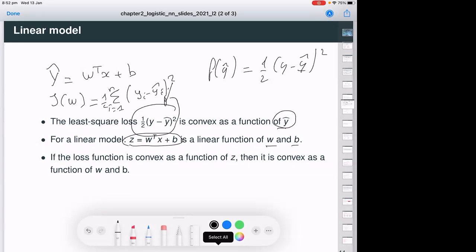And we have seen just before with the composition property that when we compose a convex function with something linear, we know that it is a convex function. So this shows that our optimization problem for the linear model is convex.